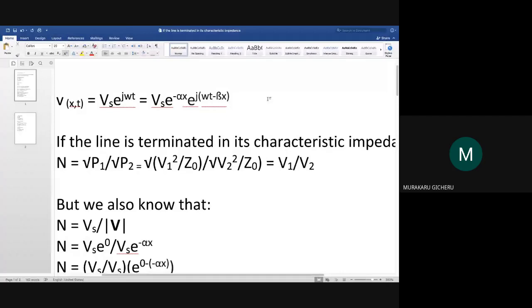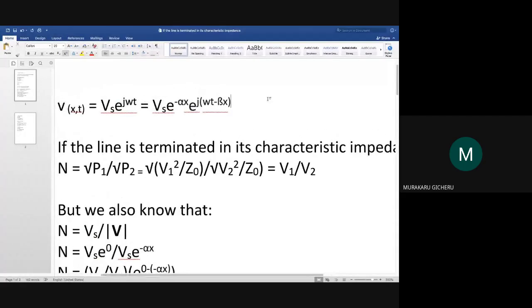if the line is terminated in its characteristic impedance, which it says so in the question, and that is why we will only be considering the forward traveling wave, which will have the negative in its exponential.